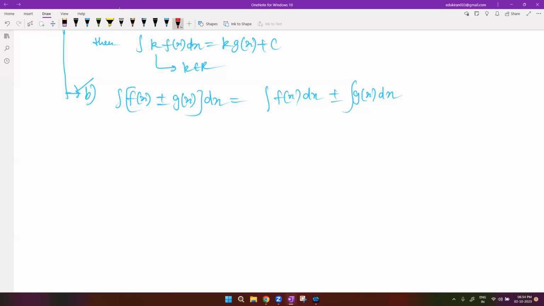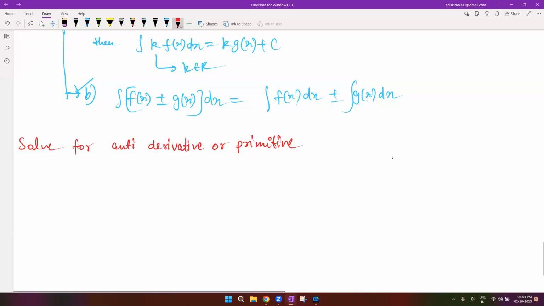So in this case, integration is also known as antiderivative. One more word is primitive, I guess. Both of these words mean that you have to find the integrated value of the given function.